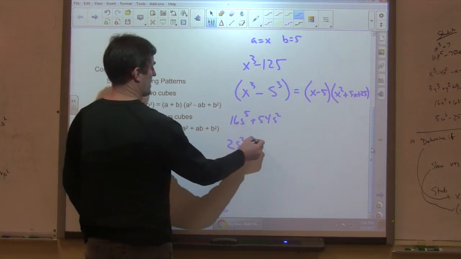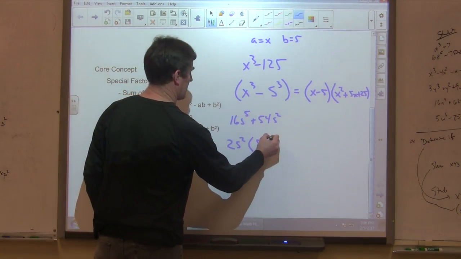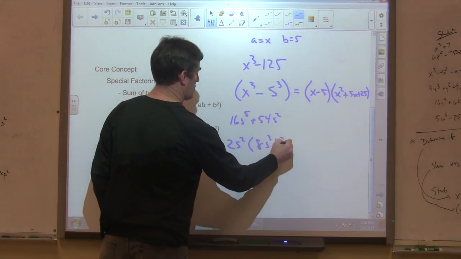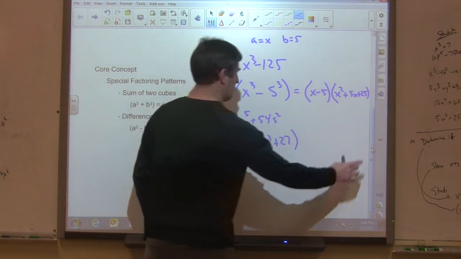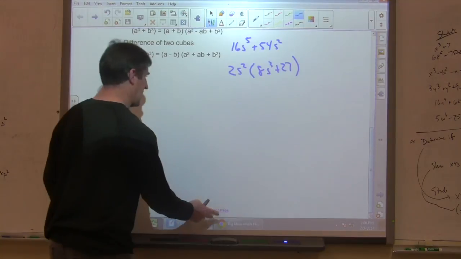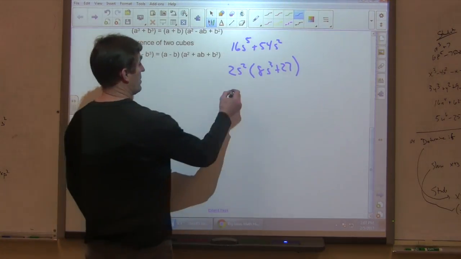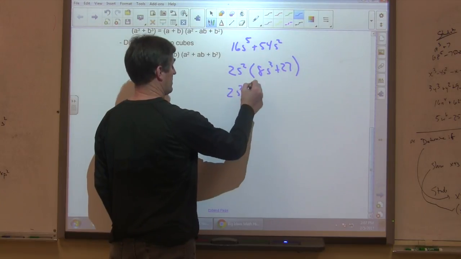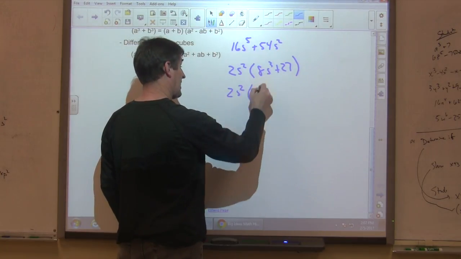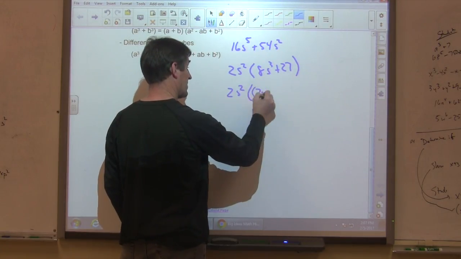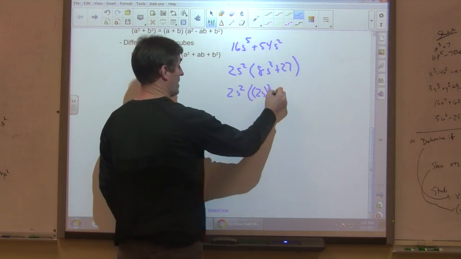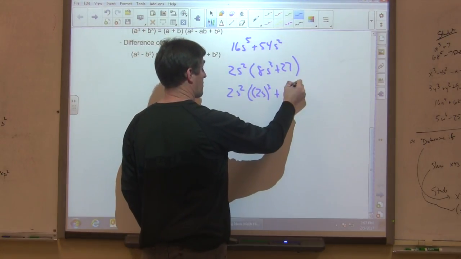And so 2 to get to 16, I need 8s to the 3rd plus 27. Now again, that cube is the key. That tells us, let's see if that is a perfect cube. So I can write 8s to the third as 2s to the third, and I can write 27 as 3 to the third.